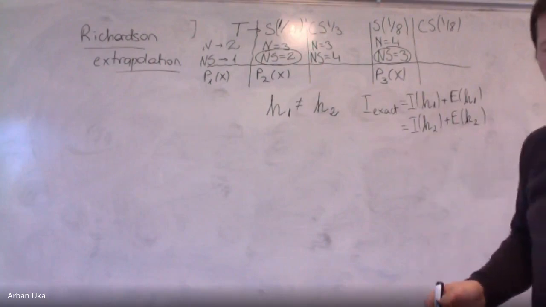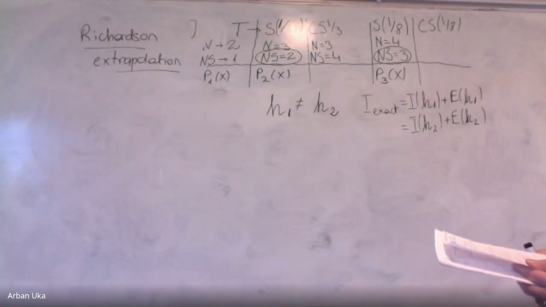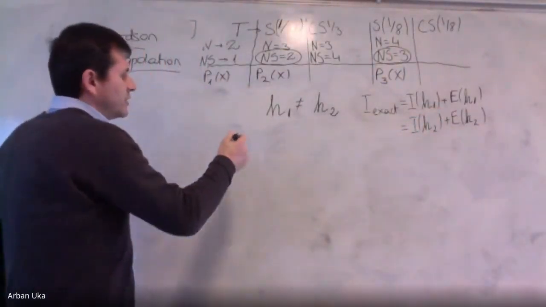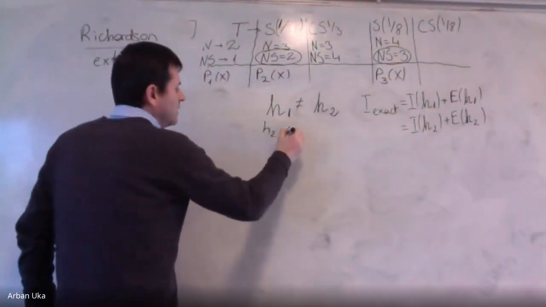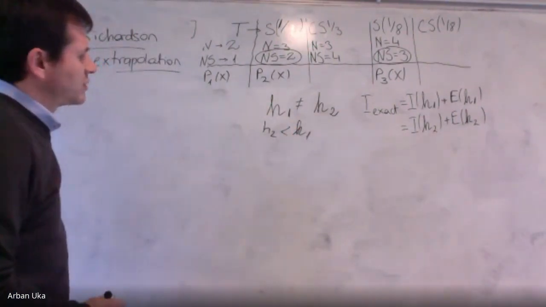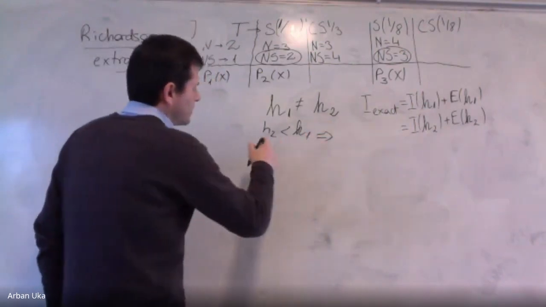And for sure, they do depend on the value of h. Let's assume for a moment that h2 is smaller than h1, okay? If h2 is smaller than h1, then how would you compare the errors?